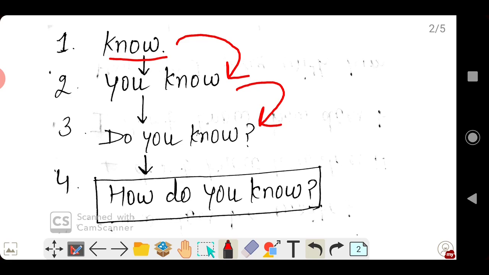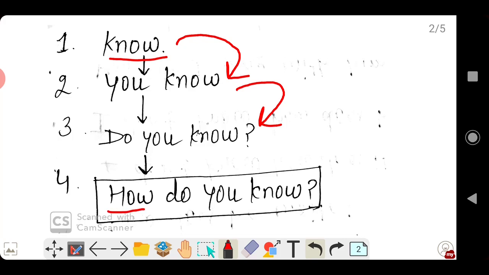This is a kind of interrogative sentence. I'm repeating again: "know", then "do you know". This is again a speaking drill. "Know", "do you know", and eventually you reach "how do you know".